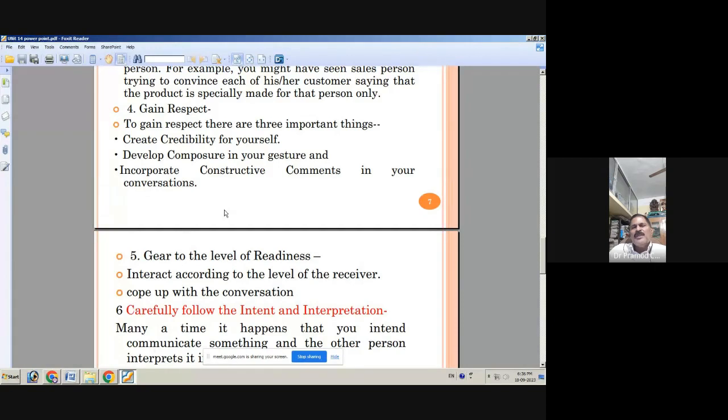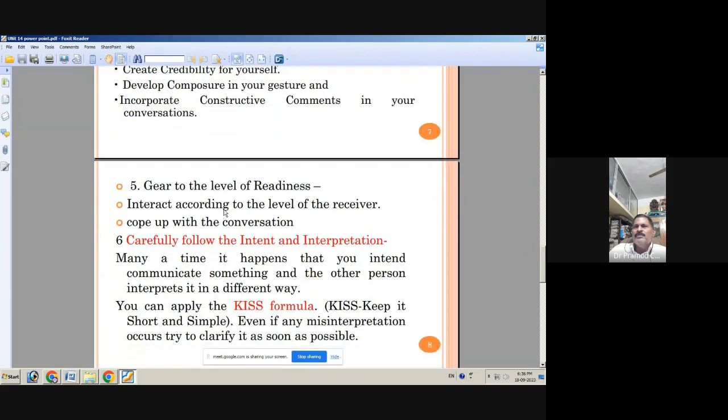If you give constructive comments, then everybody will accept you. So first, you must develop your credibility, develop your gesture and look, and always provide constructive comments through your conversation. No negative comments you will have to give.